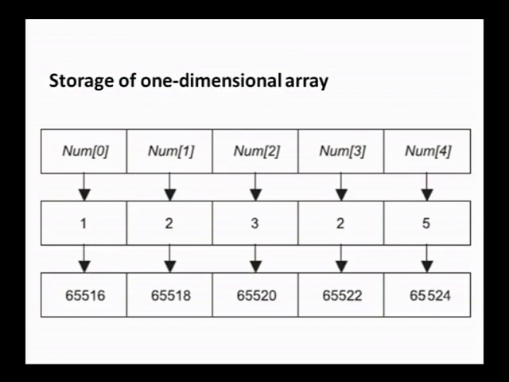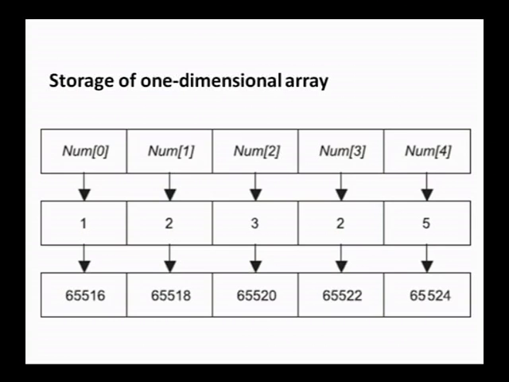Okay, so that is 2 byte data, and my second array element would be allocated the address 65518, and so on. So, this is an integer array which consists of 5 elements, and each of these elements has been allocated its own respective memory address.